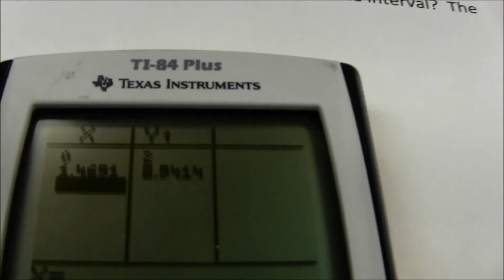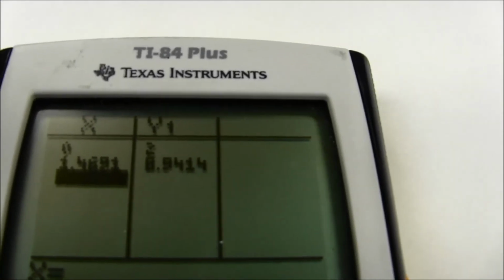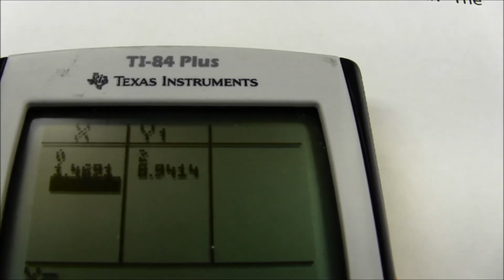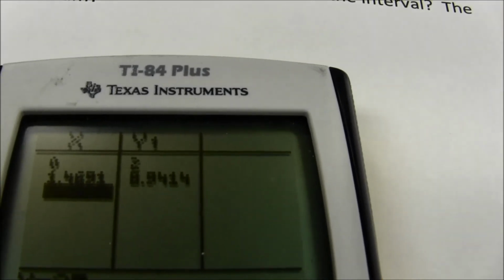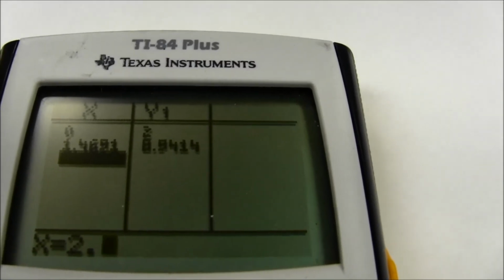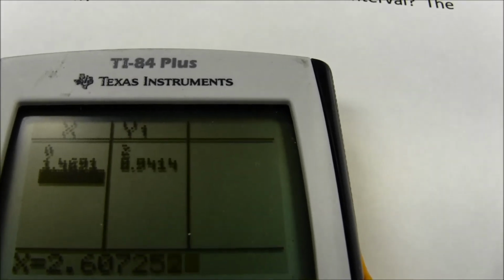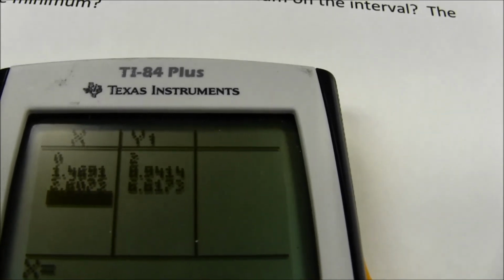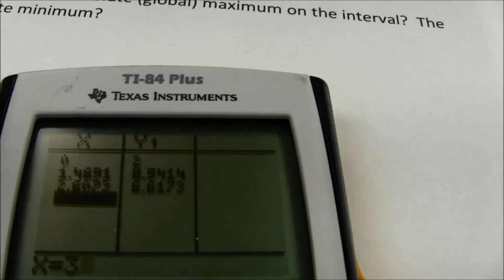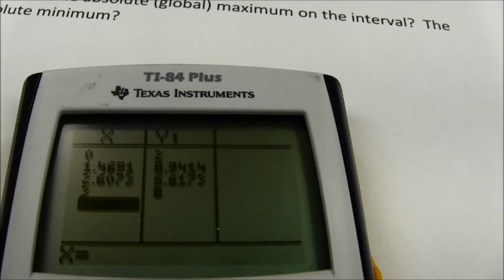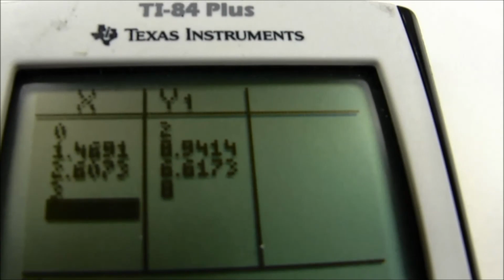Functional value is about 8.9 there. We want to know what the functional value is at the relative max or min point at 2.607252. And then finally, we want to check the other endpoint at 3 and figure out what that functional value is. Okay, so there's my table.